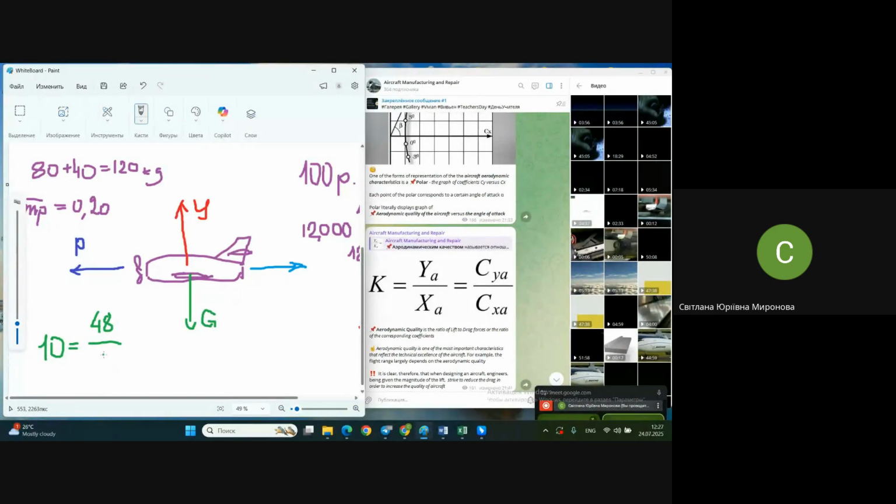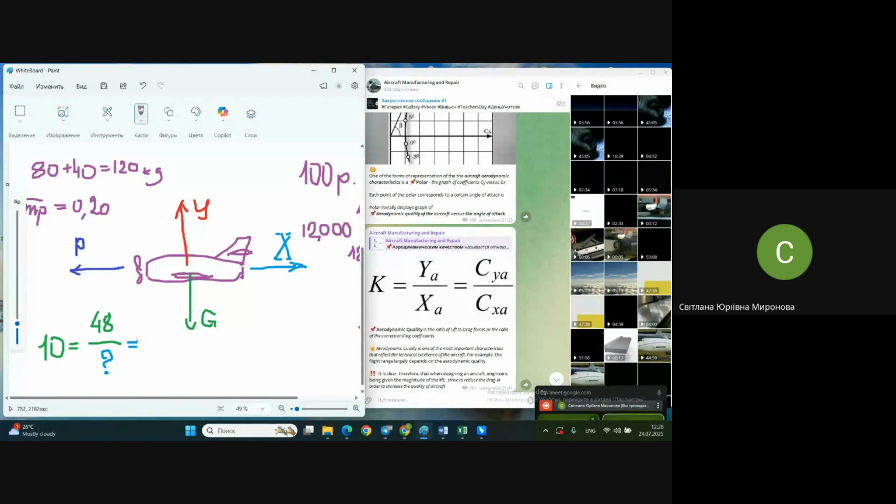So here we have what? X, this drag, it's supposed to be equal to thrust in horizontal flight. Yes? And here is the question. What are they equal to? And we're already able to understand it.